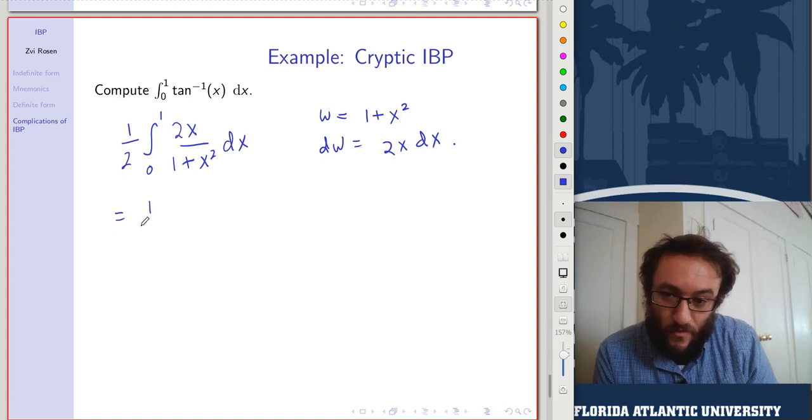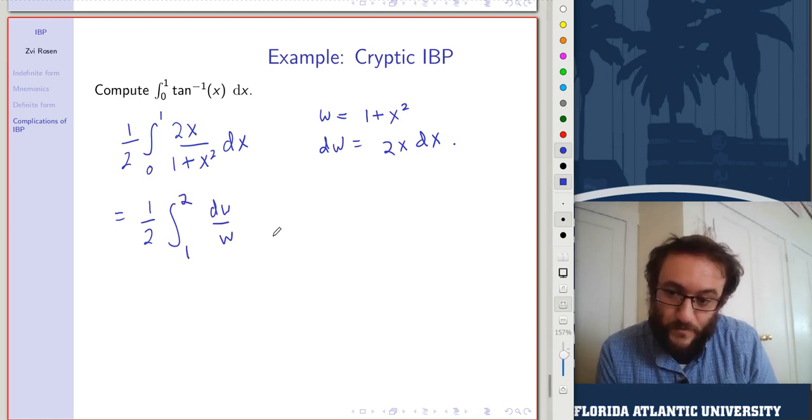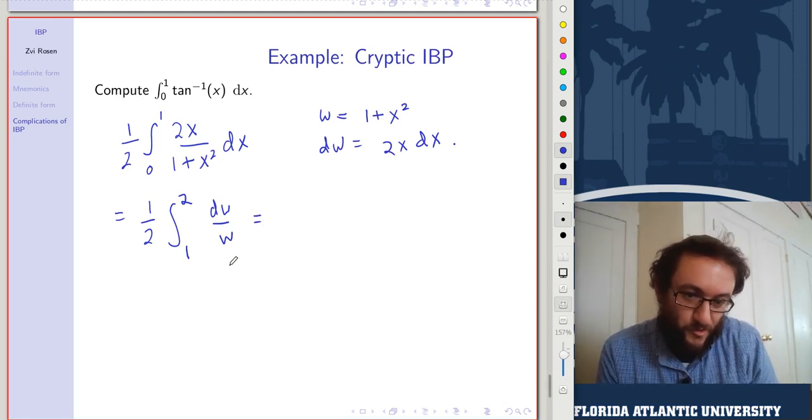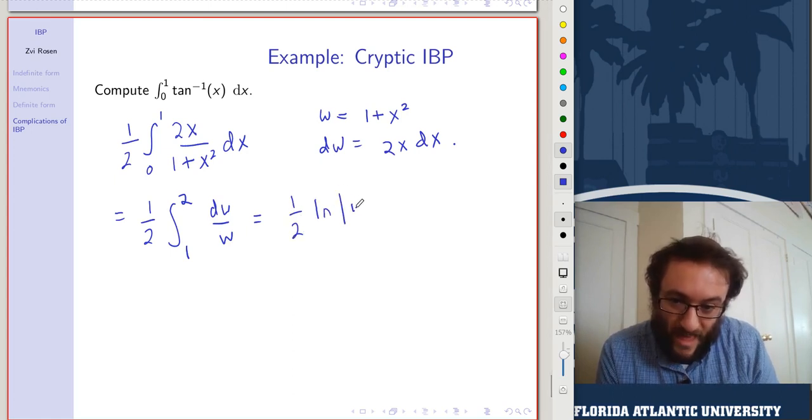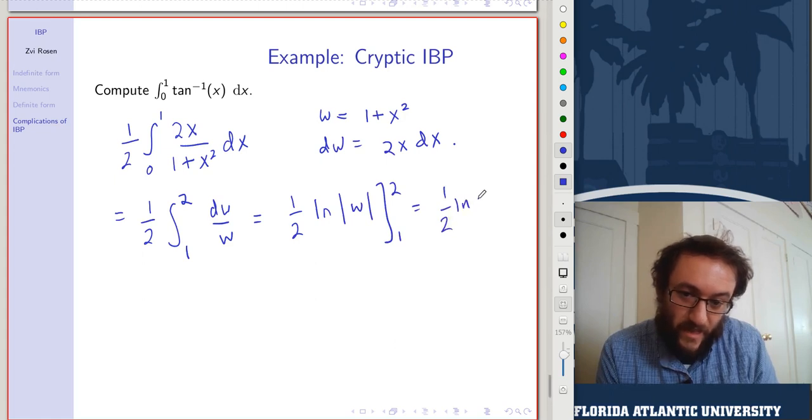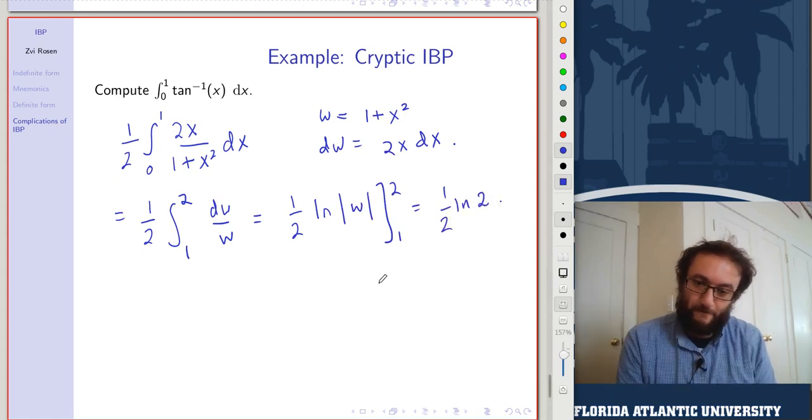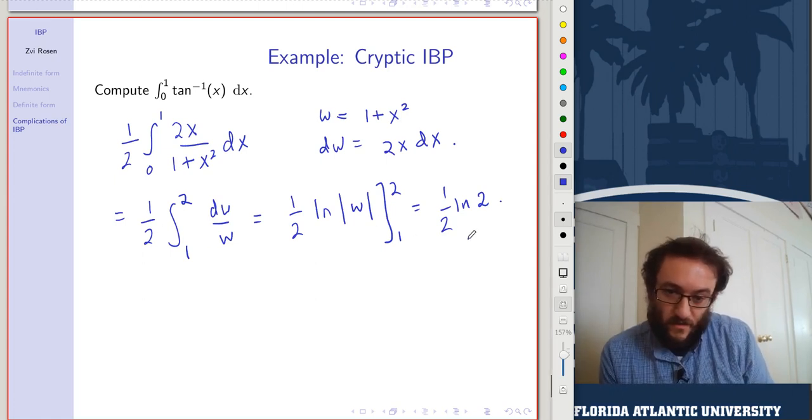And then I have 1/2 times the integral of dw over w. And the bounds have to change as well. This bound becomes 1, and this bound becomes 2. Okay, so this integral you should recognize. This is 1/2 ln of absolute value of w, evaluated from 1 to 2, and this gives us 1/2 ln of 2. Okay, so this is our I1.